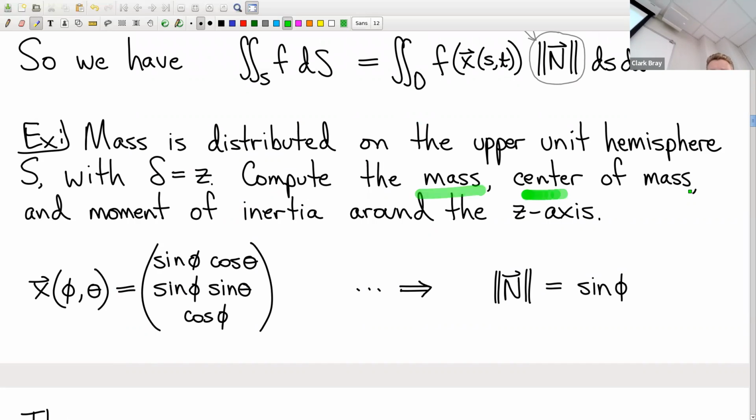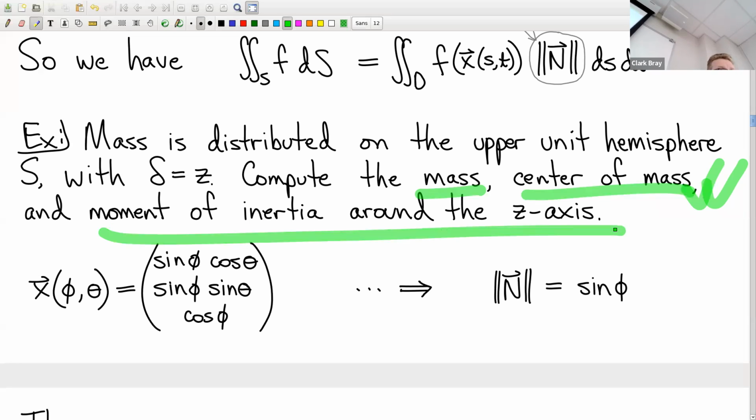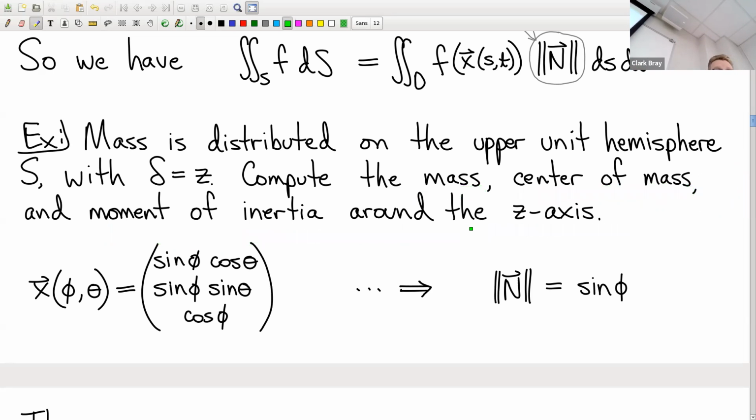We're going to compute the mass, the center of mass, various different coordinates of the center of mass, moment of inertia around some arbitrary axis, etc. And we're going to do all these calculations at the same time because they're all of the same mass distributed over the same surface by way of the same density with the same parameterization. The only thing different is the Riemann sum that we're going to start with, but all the specifics of the calculation here are the same, right?